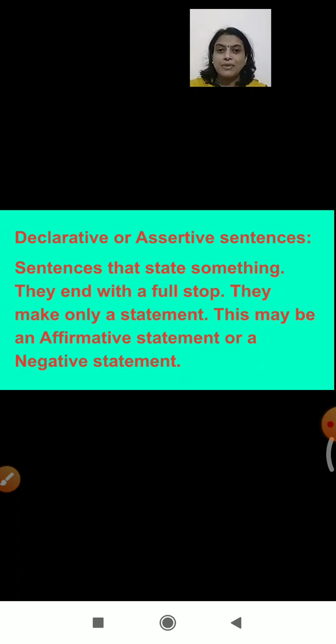And do you remember what were those no words? Yes? No, none, never, not, right? So if in the sentence these words are there, then that sentence is a negative statement, right? No statement. Okay, so that is a declarative or assertive sentence.